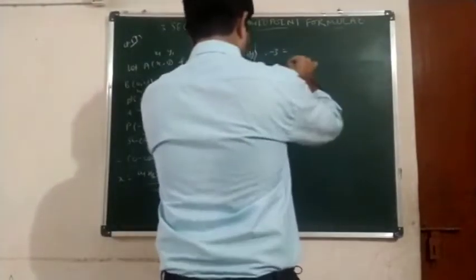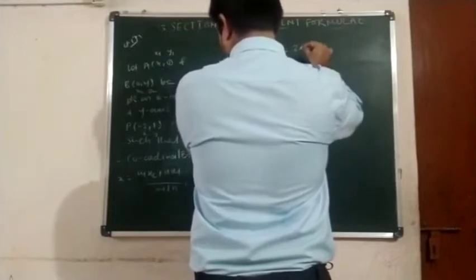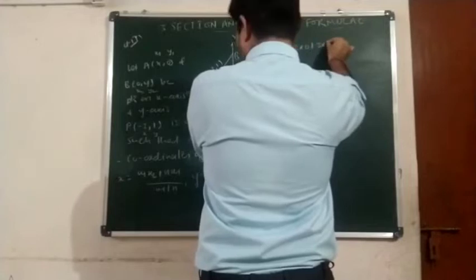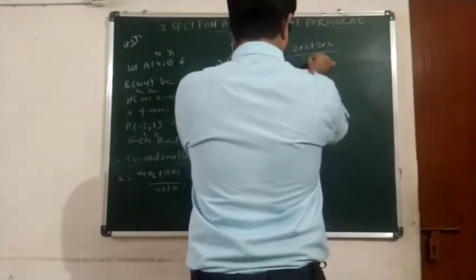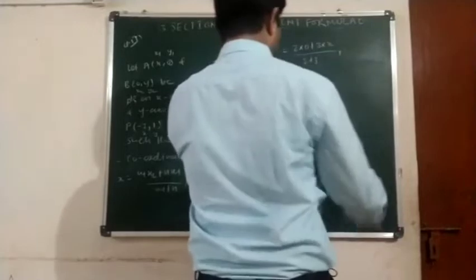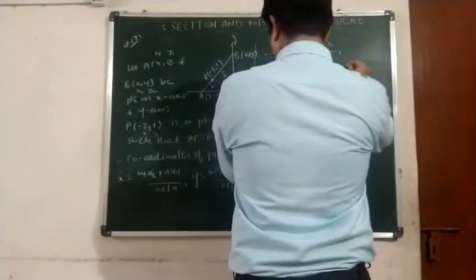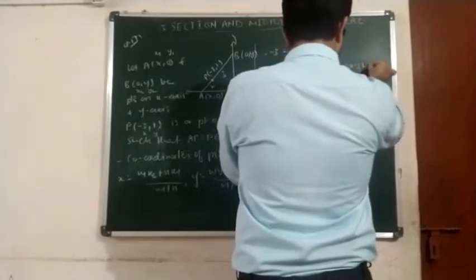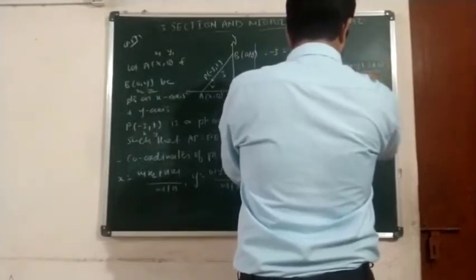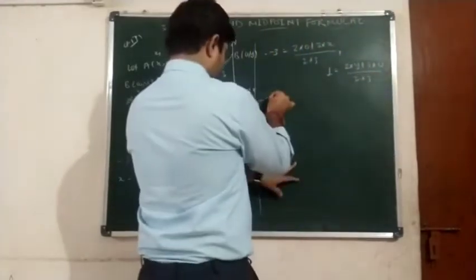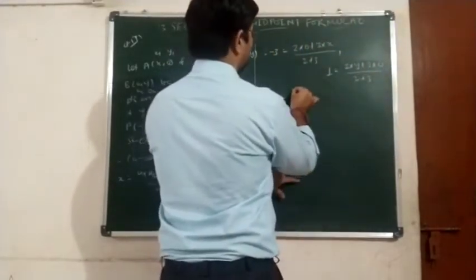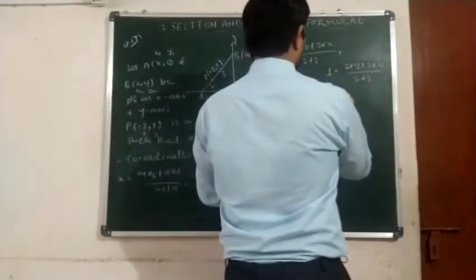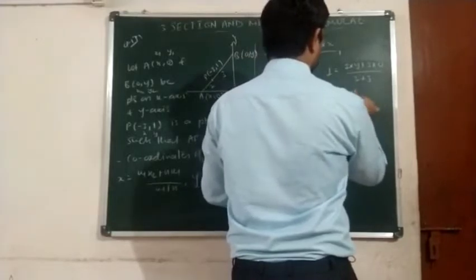Minus 3 is equal to 2 into x2, which is 0, plus 3 into x1, which is x, upon 2 plus 3, and 1 is equal to 2 into y plus 3 into 0 upon 2 plus 3. Let us simplify. Minus 3 is equal to 3x by 5 and 1 is equal to 2y upon 5.